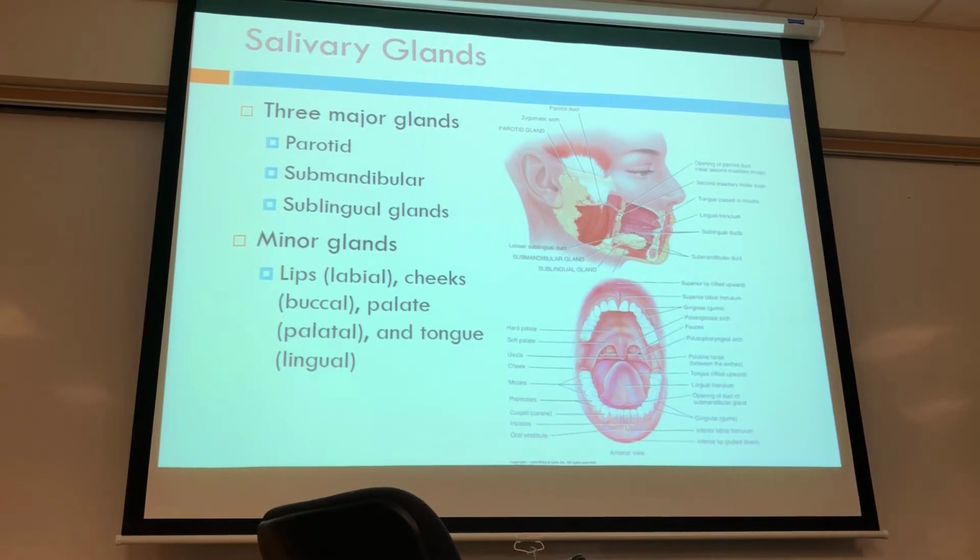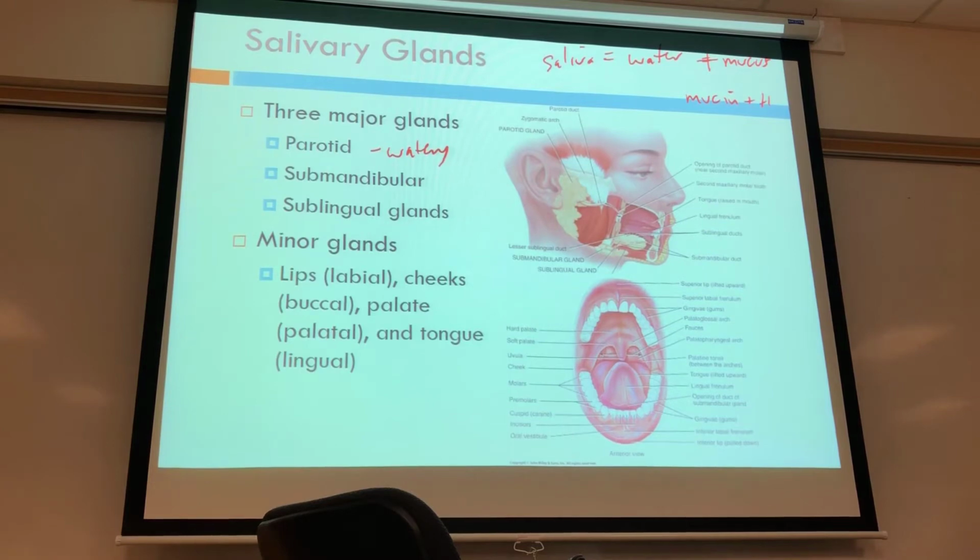What's characteristic of the parotid gland, as I mentioned earlier, is that it creates more of a watery saliva, where most of it is going to be water. The other portion of saliva consists of water plus mucus. And mucus basically is a protein called mucin plus water.